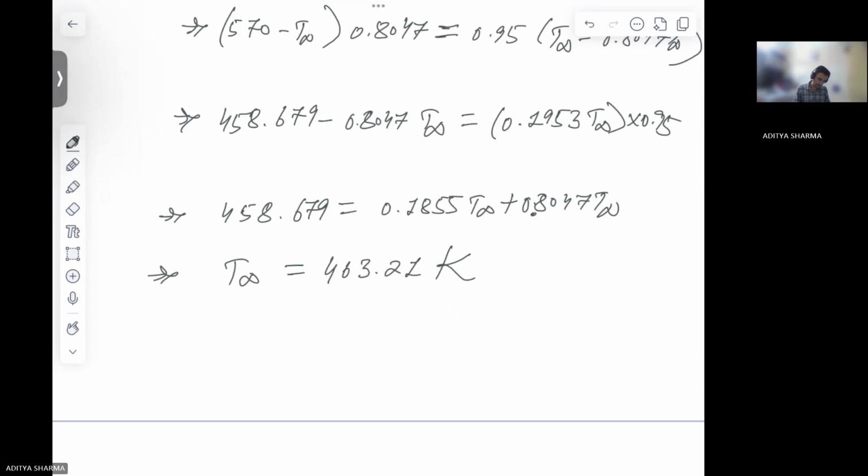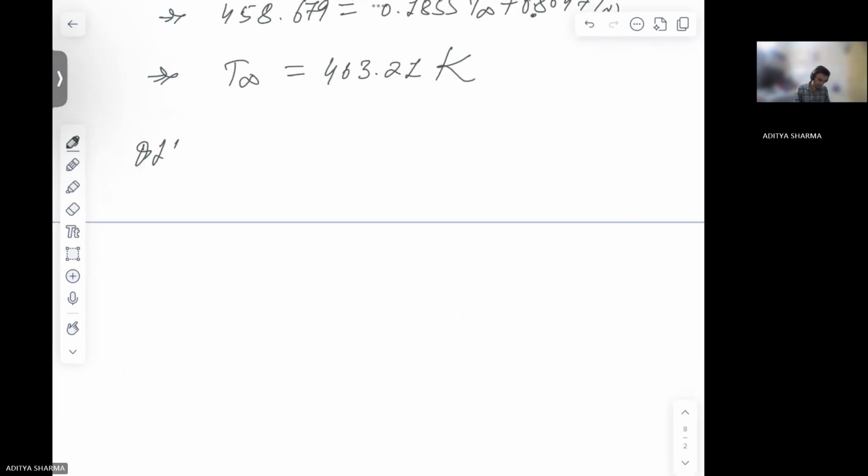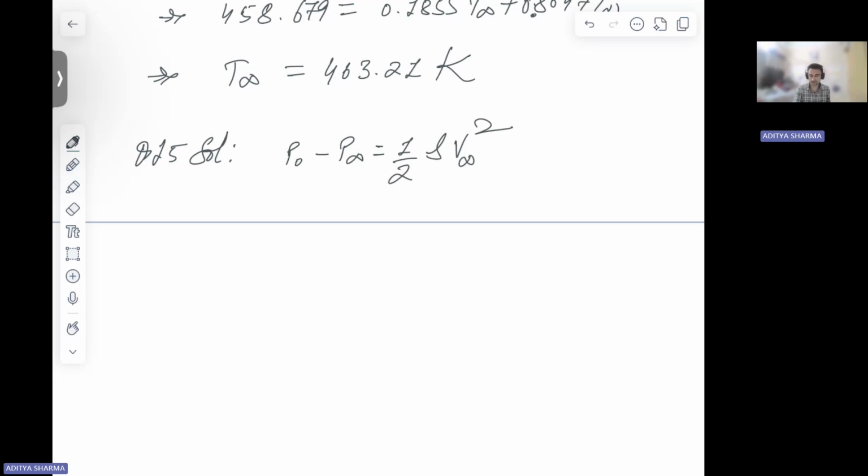Now we know that total pressure minus static pressure is equal to half of rho V infinity square.